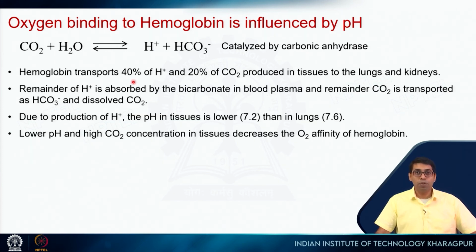So hemoglobin transports 40% of the protons and 20% of the carbon dioxide produced in the tissues to the lungs. It is important to note that the solubility of carbon dioxide in water is much more than that of oxygen. So the remainder of the protons that are produced is absorbed as bicarbonate in blood plasma, and it is carried through that.